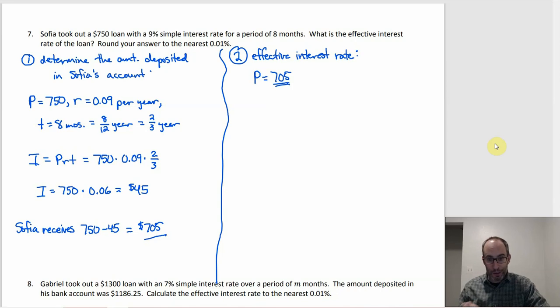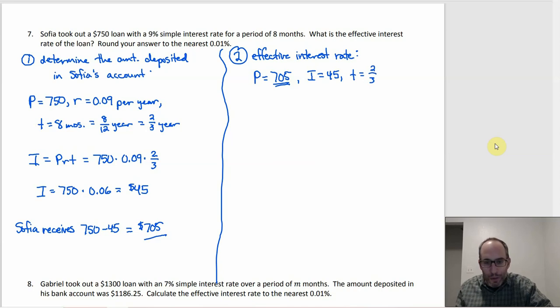So, right, this is the part that's new, right? Because it's from the perspective of the borrower. So from Sophia's perspective, that's what she gets initially, right? And we know what the interest is. We know that it's 45. We just figured that out. And we know that the time frame is 2/3 when it's in years.